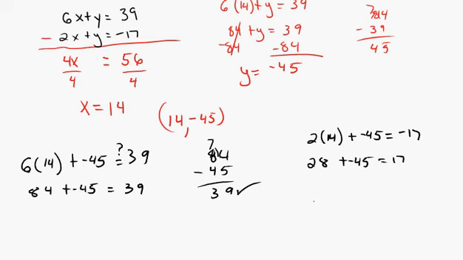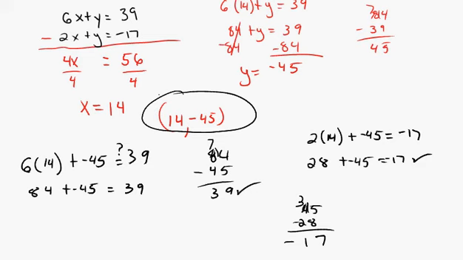Again, we can check it by just taking our 45 and subtracting the 28, knowing that our answer is going to be negative. And if we subtract that, we get 17, negative 17 again. So we know that this is correct, that we have a negative 17 for our answer. So again, the check gave us confirmation that our answer was correct.